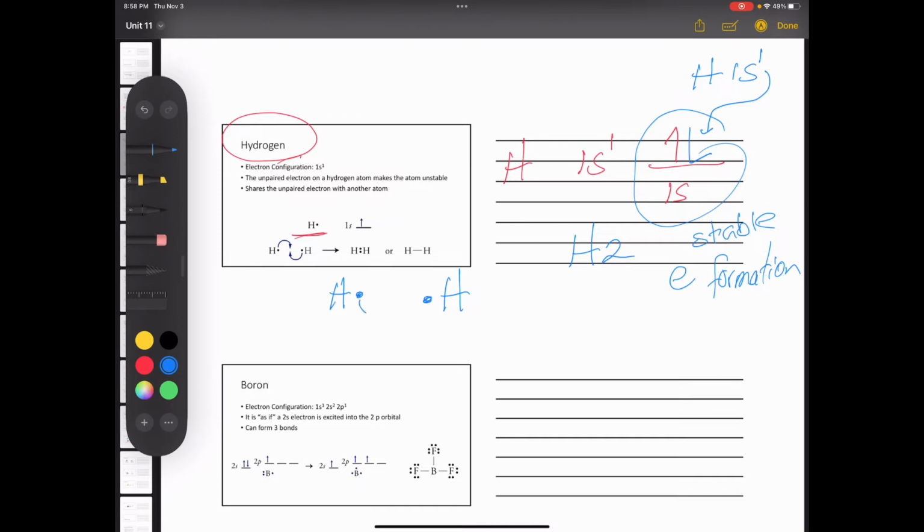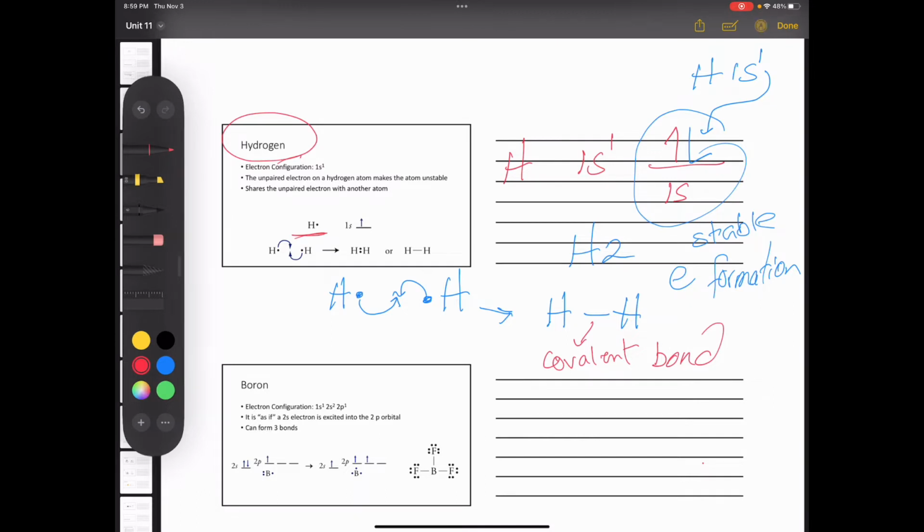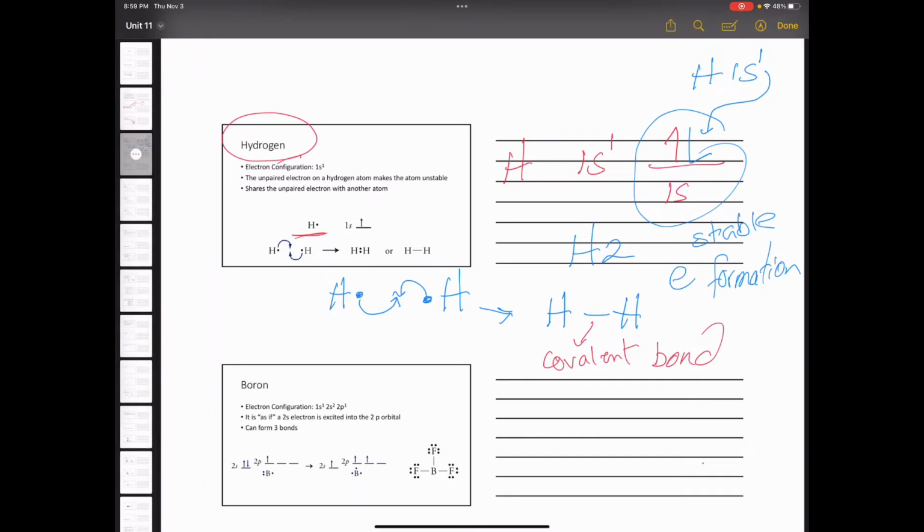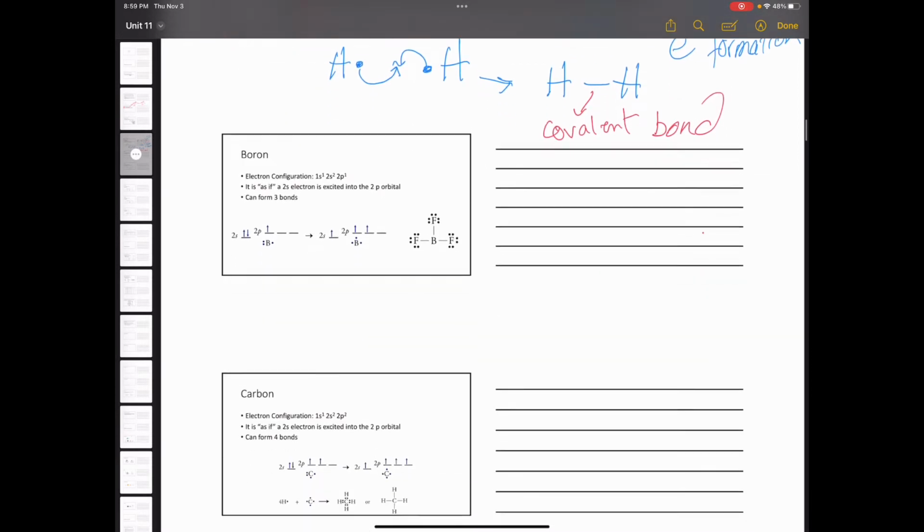So what we do is form the bond, and we replace these spaghetti lines with a straight line representing the covalent bond between the two hydrogen atoms. Now, again, that's for hydrogen, the simplest atom we have in the periodic table.